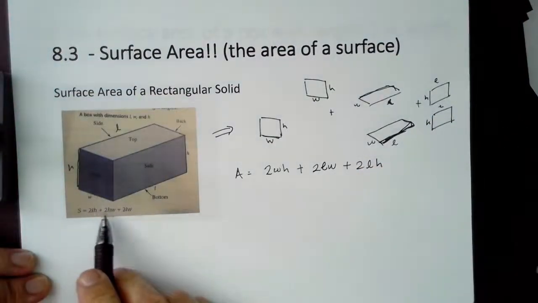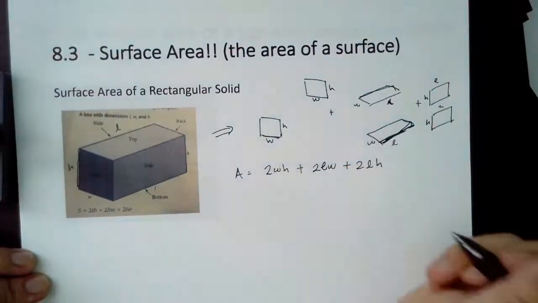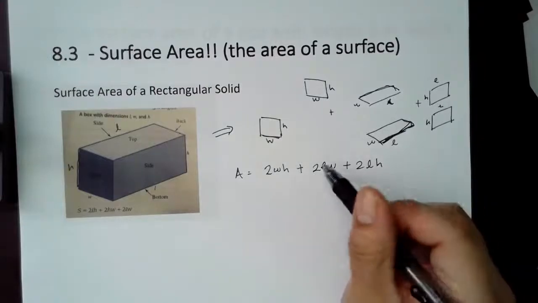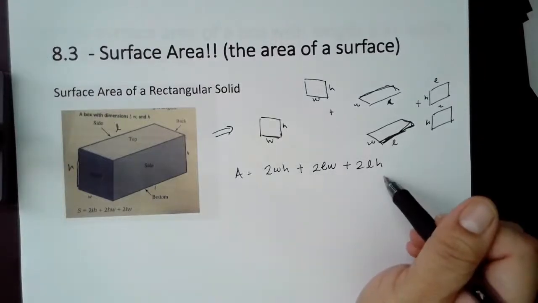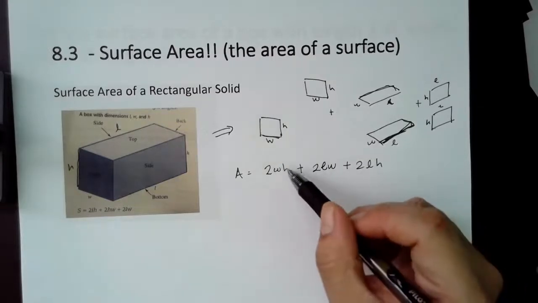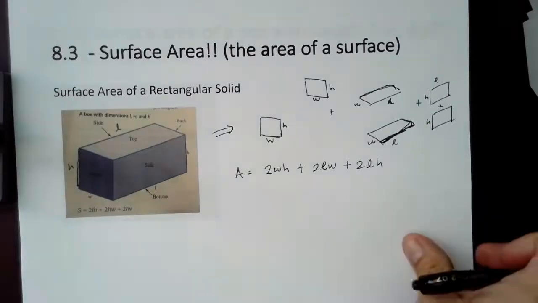That's pretty much the same thing that you see here, maybe they put H in front of the W. It doesn't matter. But the idea is that for any rectangular solid, using those 3 dimensions, length, width, and height, you can plug them into this formula and you get it.